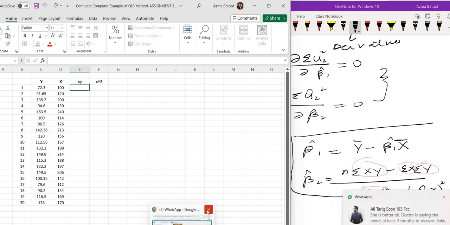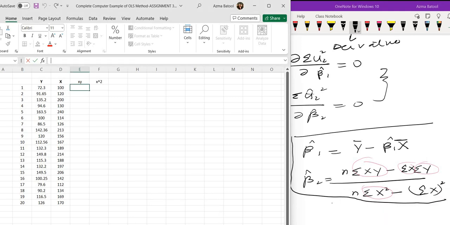Let's say I am working in this window, this is the equal sign, and I want to multiply. Which cells do I want to multiply? The x with the y. This is x, this is y. So yx and xy is the same thing, right? I click here, so it is selected automatically. Asterisk means multiplication, and this. I am done with the multiplication of two cells.